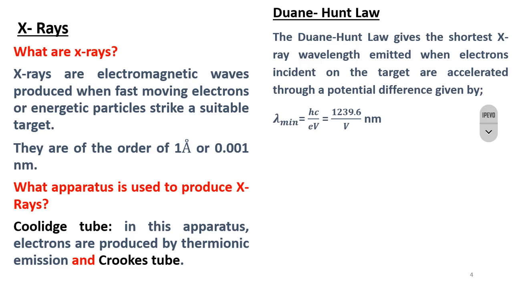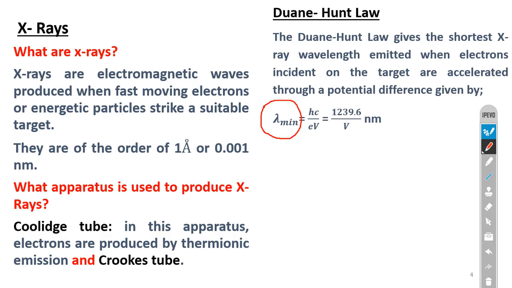So you will see the Duane Hunt law gives the shortest wavelength. So we have the minimum wavelength written as lambda. This expression is equal to hc over eV.